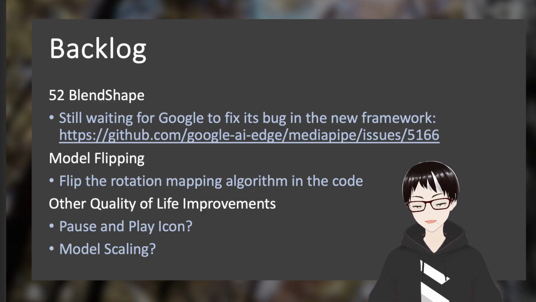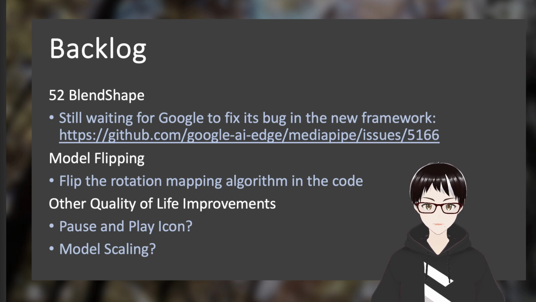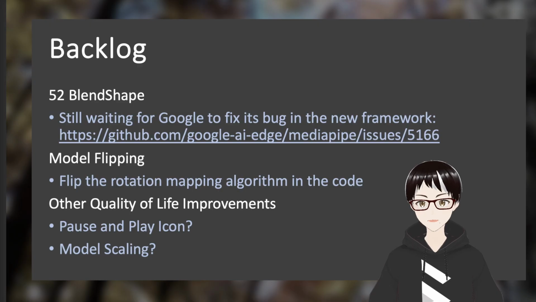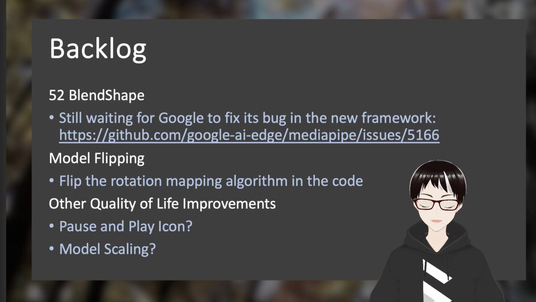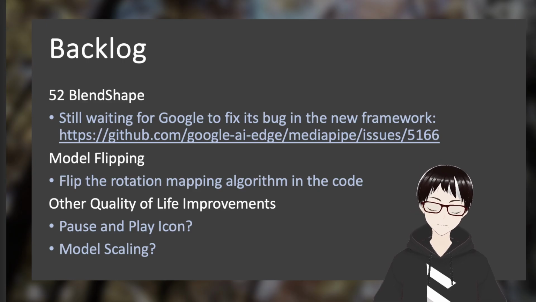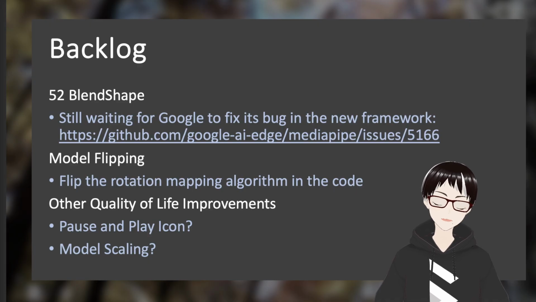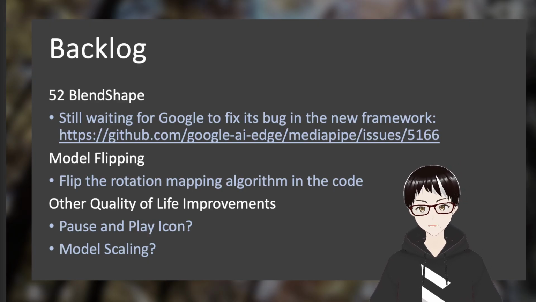So the second backlog item is model flipping. Right. So some community members want us to be able to flip the model. And this flipping is not so simple. We already have a flipping function, but that corresponds to camera flipping, right?